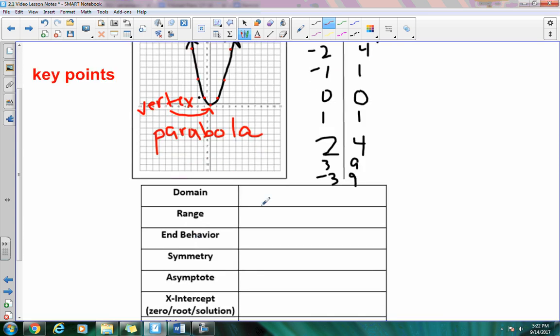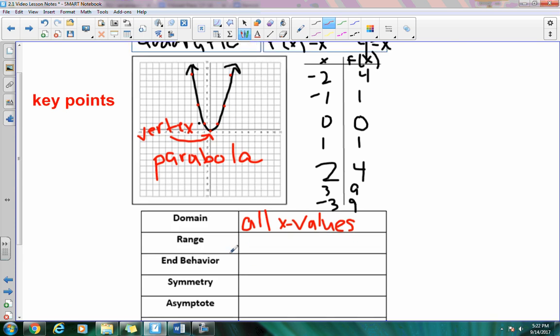All right, domain. So every single x value, if you looked at a table in your graphing calculator for this function, every single x value would be represented. So we're going to say all x values. Range.